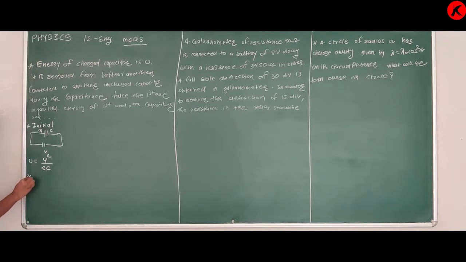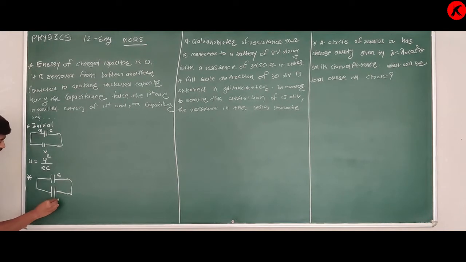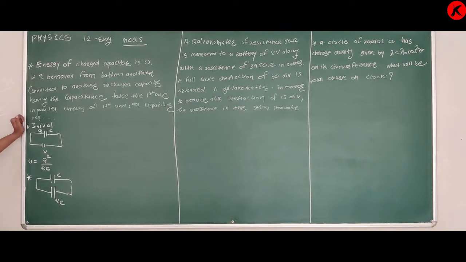Now this capacitor is removed from the battery and connected in parallel to another capacitor having twice its capacitance. The question is, what is the energy of the first and second capacitor?